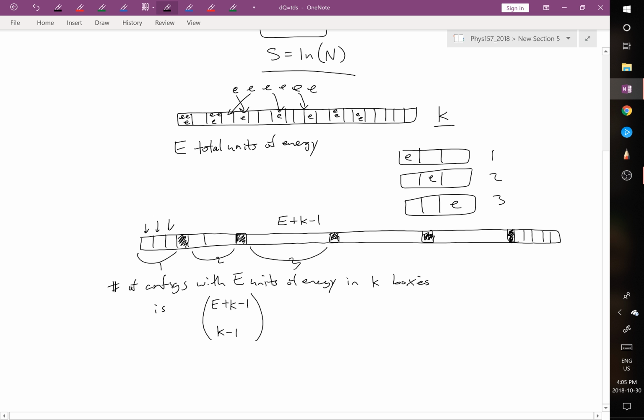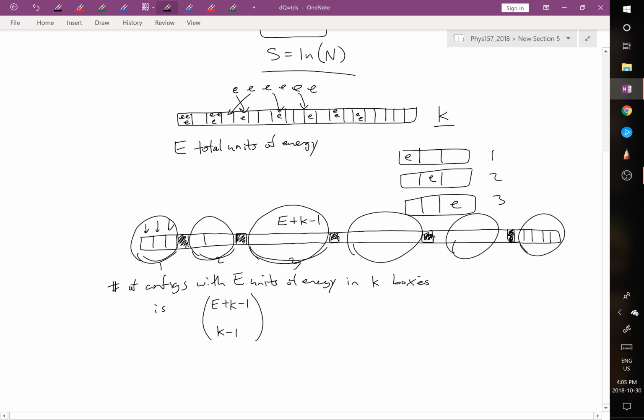Now you can see that for every way of choosing those black boxes from the total E plus K minus 1 boxes, I can interpret that as a way of distributing energy between the different molecule boxes. So in this example, I have 3 units of energy in the first molecule, 2 units in the second, say 3, however many this is.